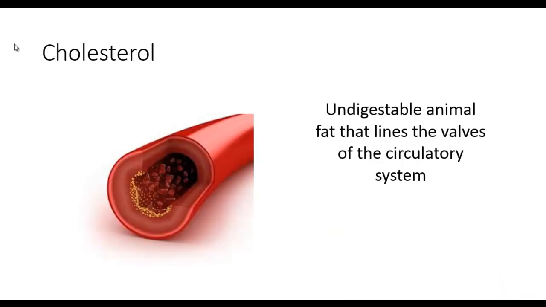Okay, so let's talk about some disorders, some things we need to be concerned about. Cholesterol is basically undigestible animal fat that lines the valves of the circulatory system. If a person eats a lot of meat, that meat carries cholesterol, and I'm sure you've heard people talk about cholesterol before.